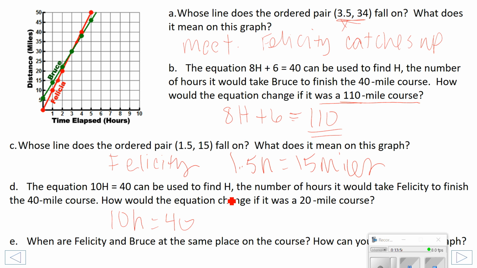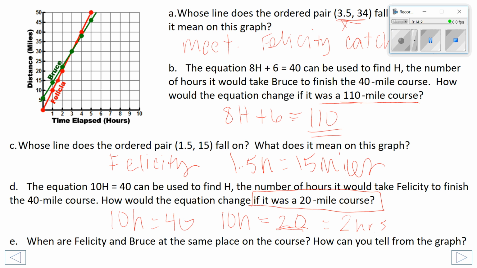But what if it was a 20-mile course? So again, it's still going to equal 20, because her rate is still 10 miles per hour. Her rate didn't change, just how far she was going. So now it's only going to take her 2 hours to finish the course.